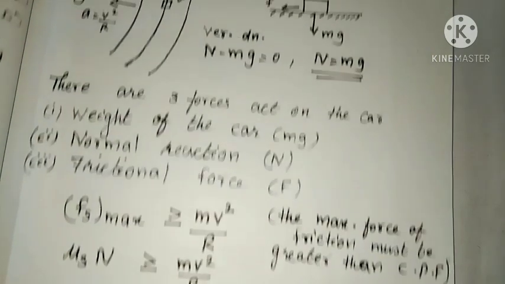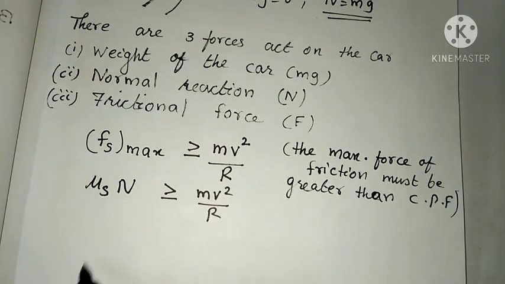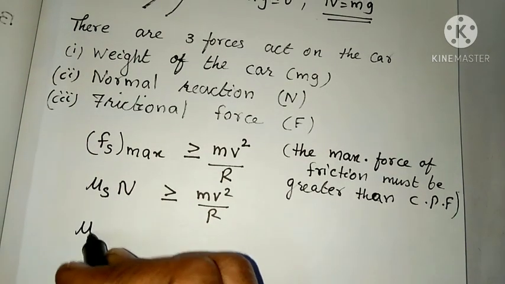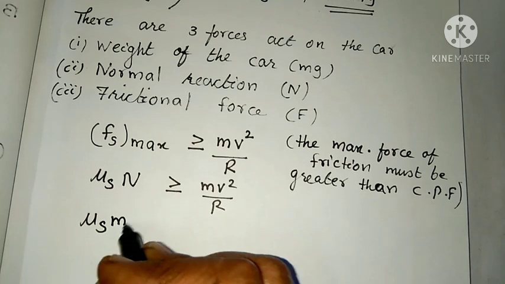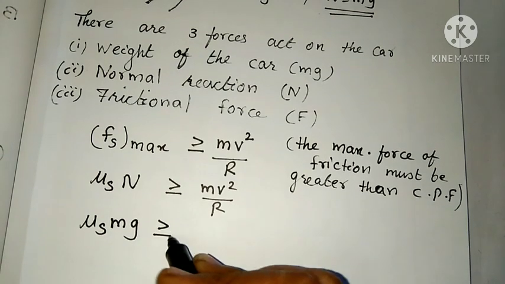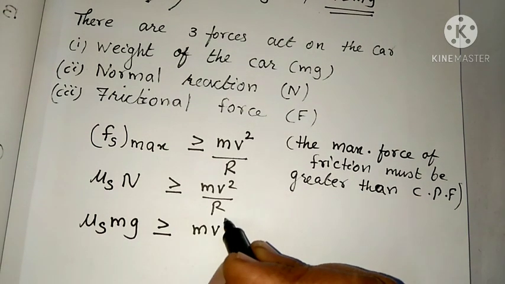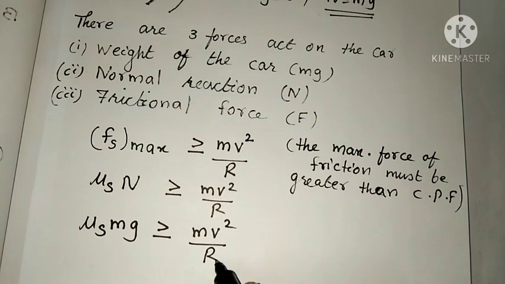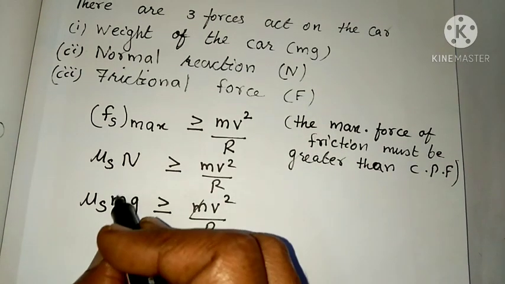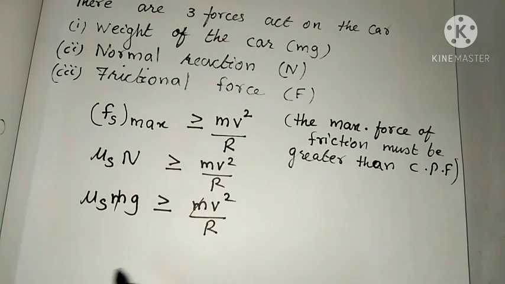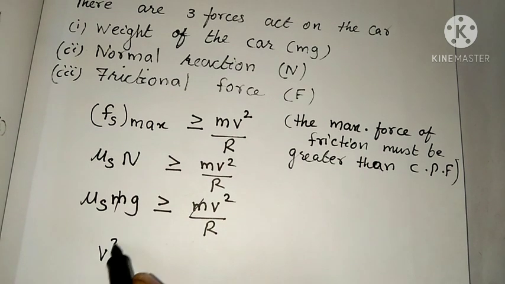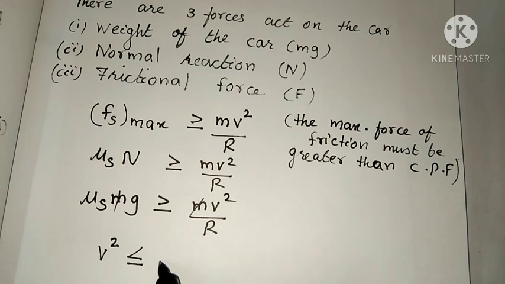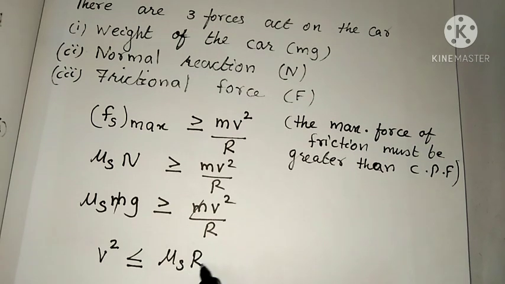So, what is the N here? N equal to mg. So, we can write mu s mg greater than or equal to mv square by r. Clear? So, this m and m we can cancel. So, what is v square? V square is less than or equal to mu s r g.